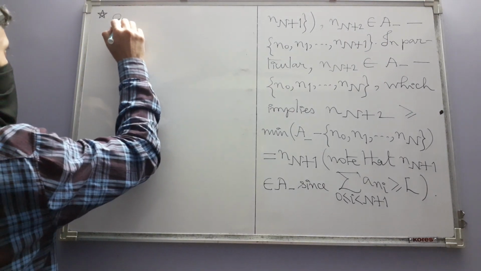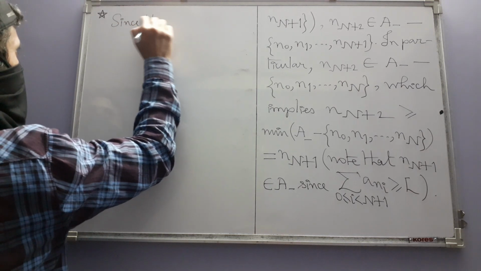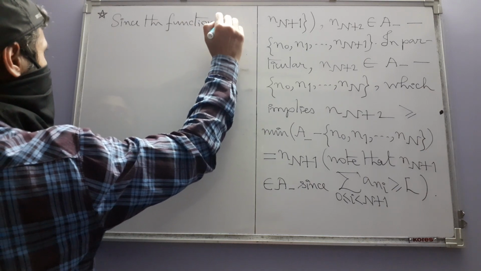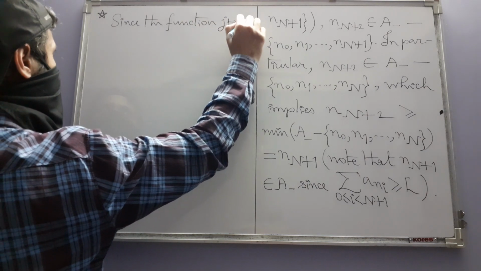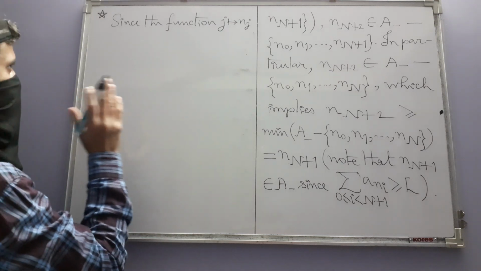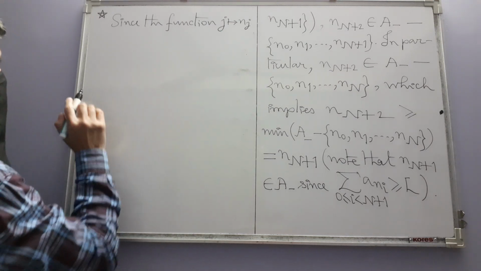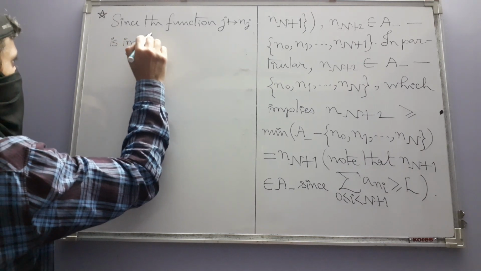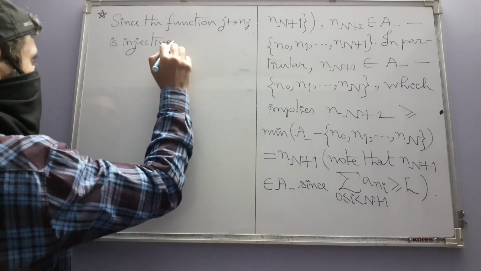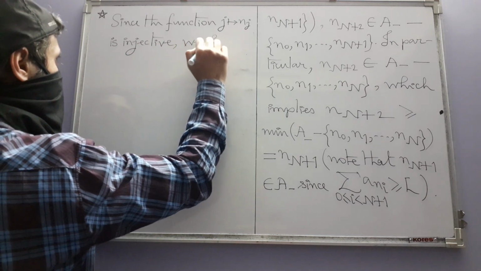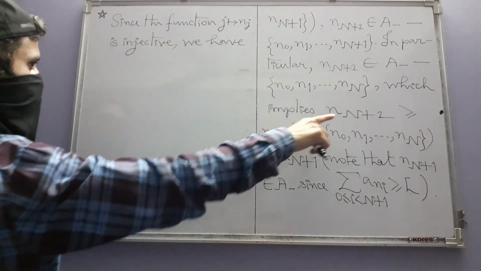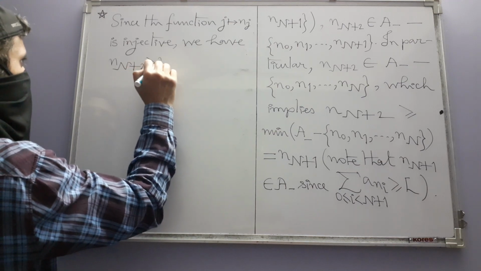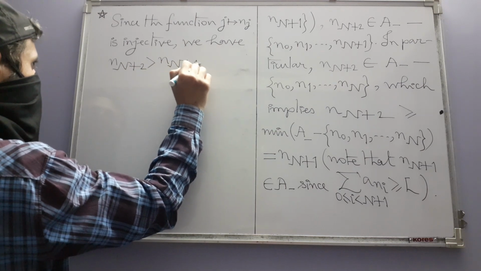Since the function that maps j to n, and this is why we need the third y answered first before this, is injective, we have n plus 2 strictly greater than n plus 1.